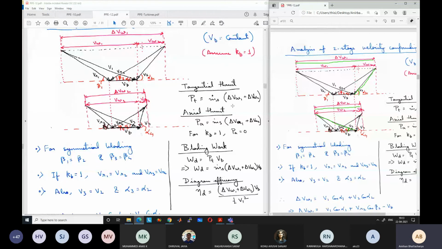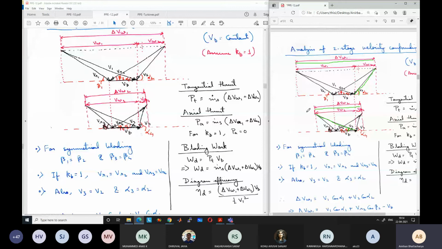So anyway, this is the thrust generated. The axial thrust is also the sum of the axial thrust generated by the first stage and the second stage. If these assumptions are true, VR1 equal to VR2, VR3 equal to VR4, beta 1 equal to beta 2 and beta 3 equal to beta 4, that is, if the friction factor is equal to 1, meaning there is no friction, then axial thrust is 0.